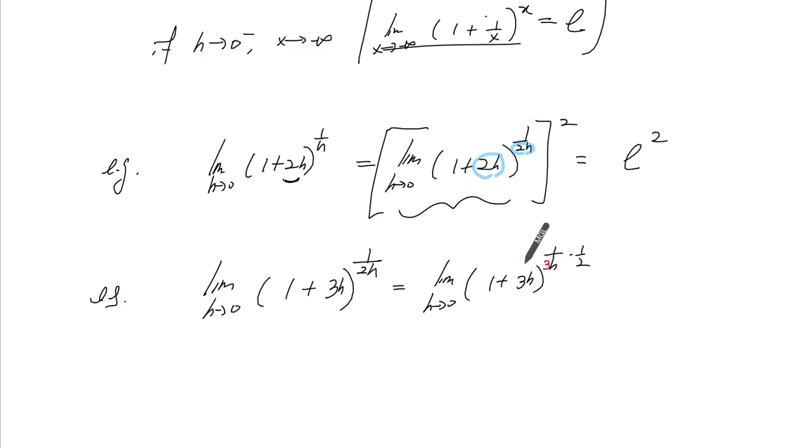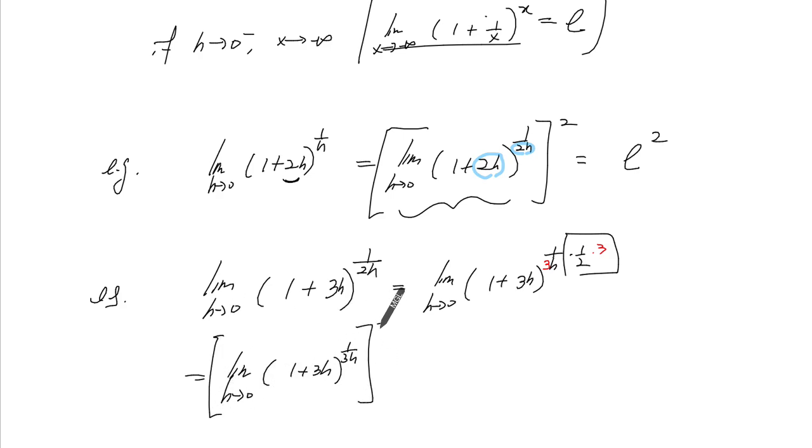I can't just divide by 3, of course. I have to multiply by 3 as well. So let's multiply by 3 here. And this exponent, I can bring it outside, using the exponent property. So we have 1 plus 3h to the power of 1 over 3h, all to the power of 3 over 2. So this here will equal e, so we get e to the power of 3 over 2.